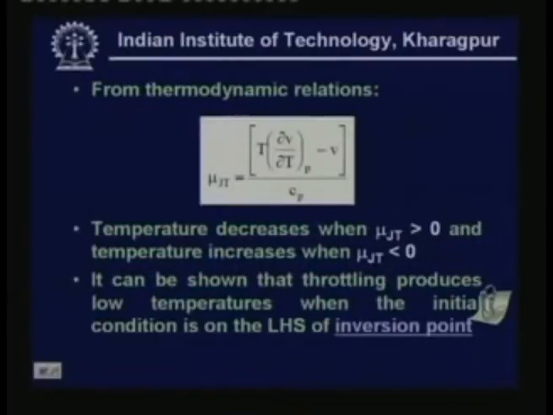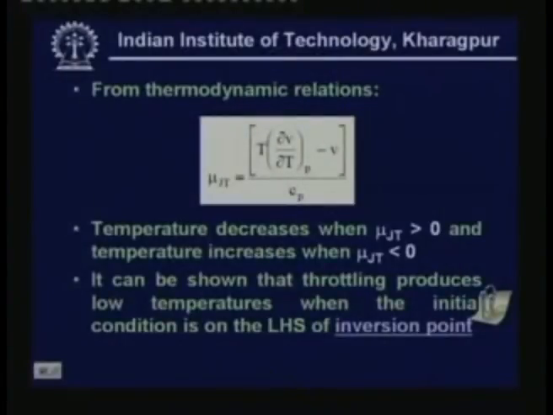From thermodynamic relations, we can show that the Joule-Thomson coefficient mu_JT is equal to [T (∂V/∂T)_P − V] divided by Cp, where Cp is the specific heat of the gas at constant pressure, V is the specific volume, T is the absolute temperature, and (∂V/∂T)_P is the slope of an isobar in a volume-temperature diagram.